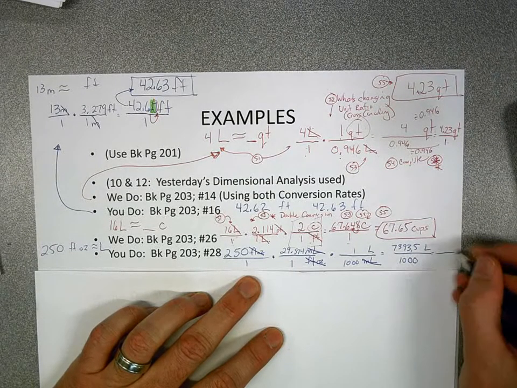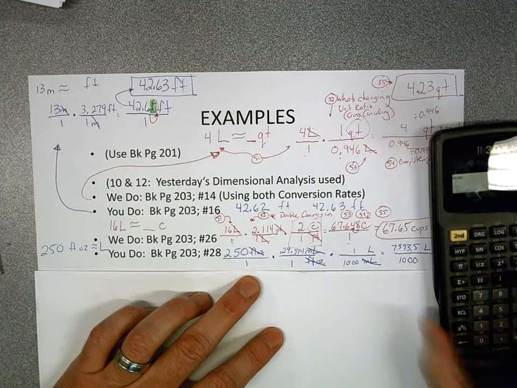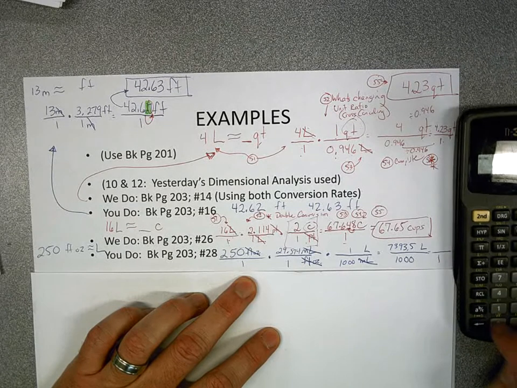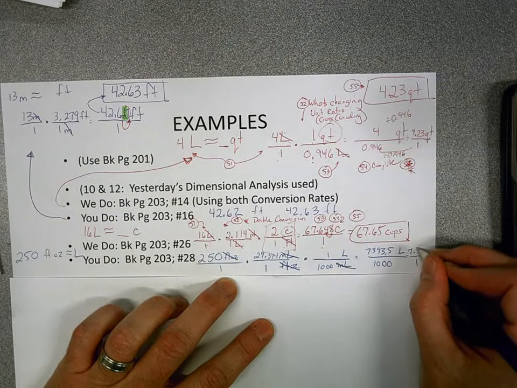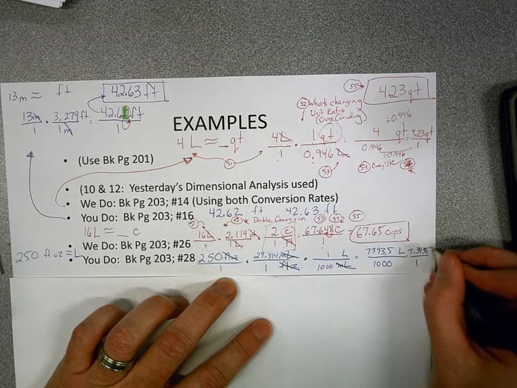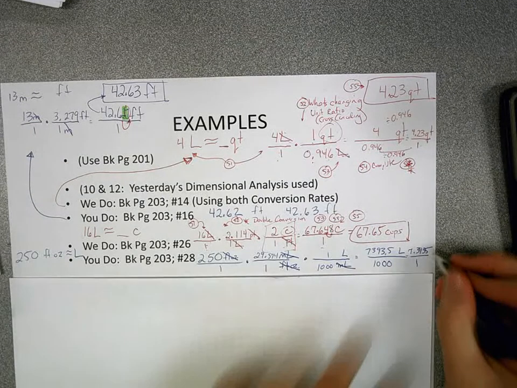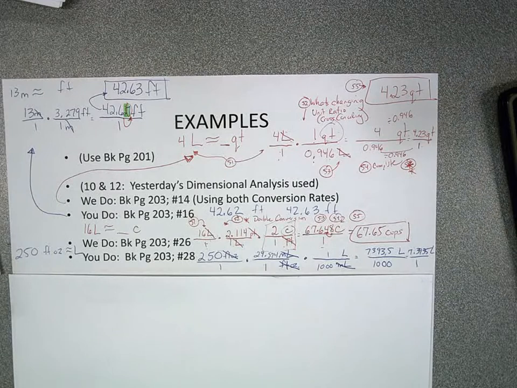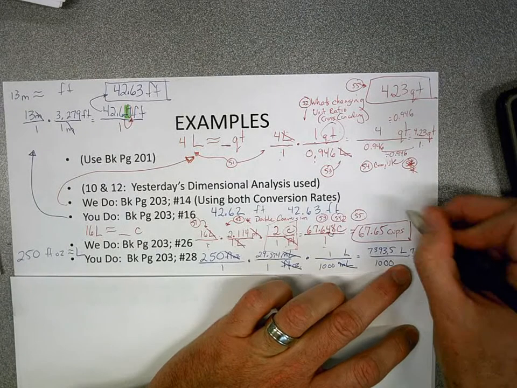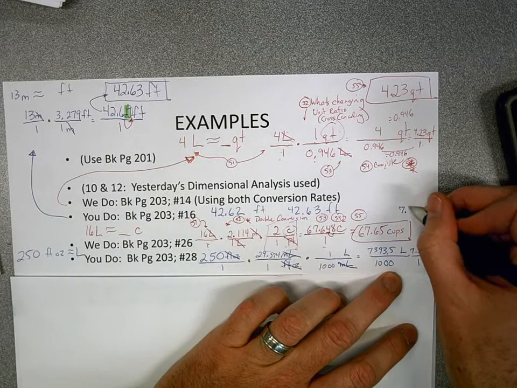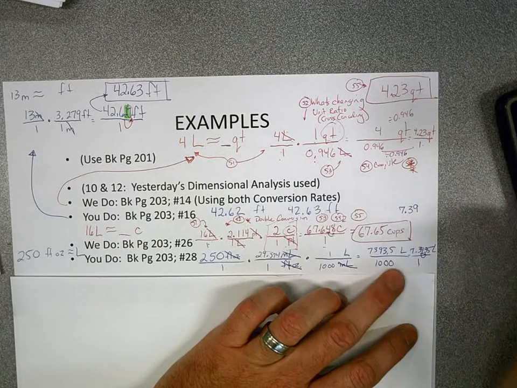So we're going to divide this by 1,000 and we get 7.3935. Okay, remember this is liters. Round to the nearest hundredth. So here's the hundredth. The 3 makes the 9 stay the same. So we have 7.39, so 7 and 39 hundredths liters.